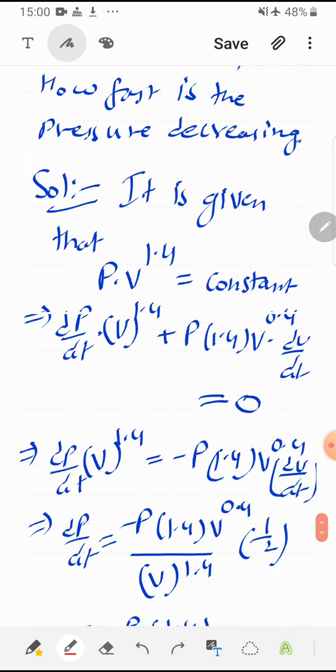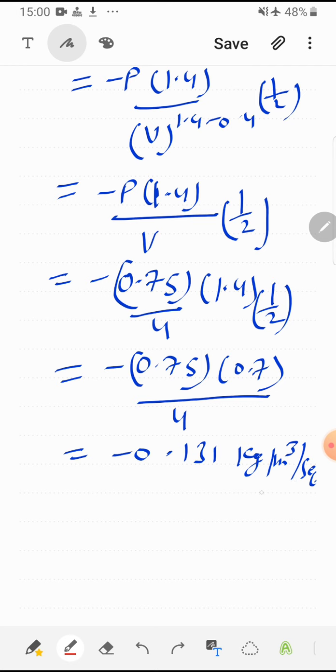Okay, now next I am putting the value of V which is 4, and doing the necessary simplification. Final is minus 0.131 kilogram per meter cube per second, because it is the rate of change of pressure. This is dp by dt, so pressure in kilogram per meter cube and time in second.